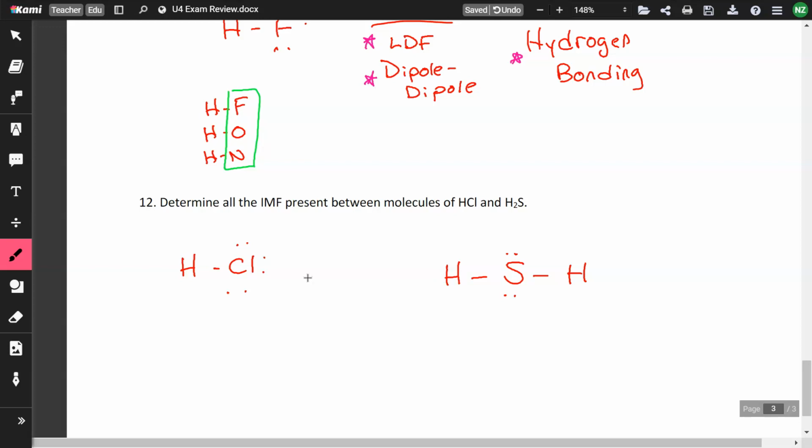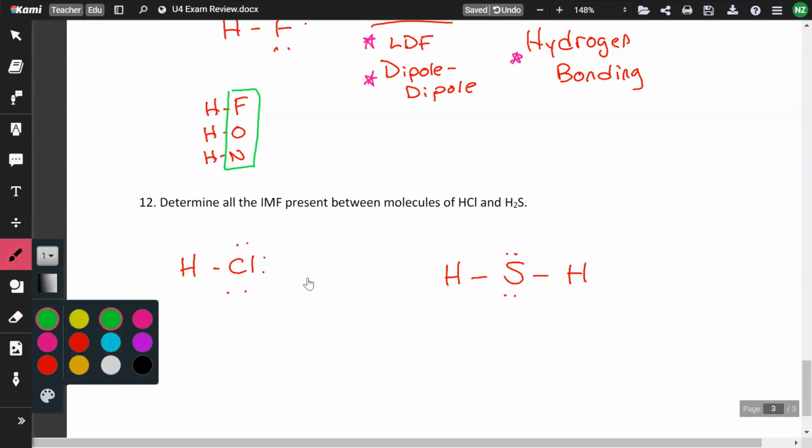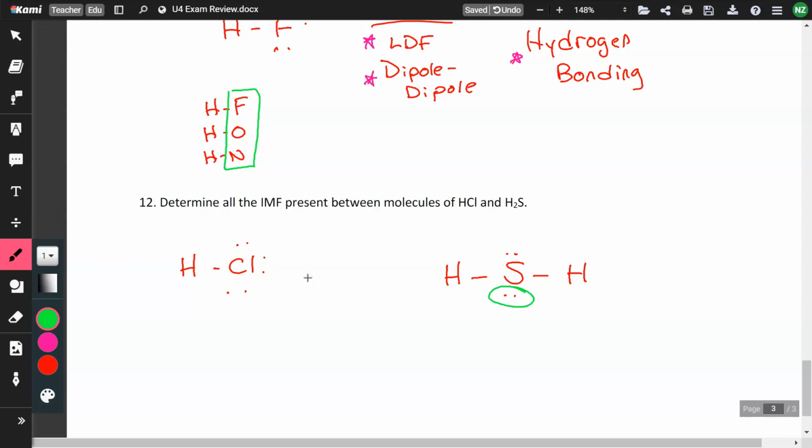Okay, so these are both polar. So for the first one, it's not the same. So you've got hydrogen on one side, chlorine on the other. They're not the same, so it's going to be polar. On the second one, it's hydrogen that's attached, but you've got lone pair on the central atom. So these are both going to be polar.